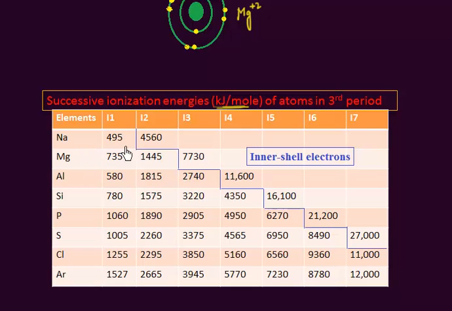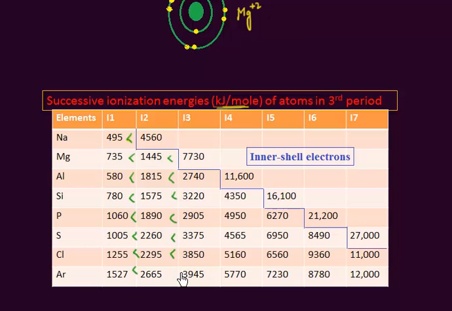You can see that their successive ionization energy is given in increasing order. Here I2 is greater than I1, and I3 is greater than I2.